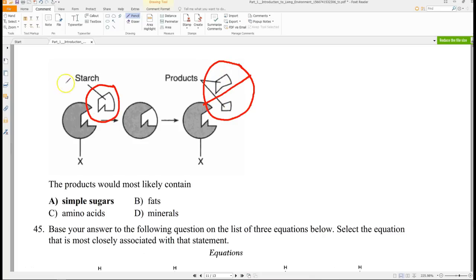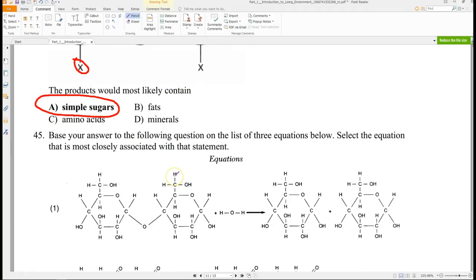You went from a complex molecule to a simple molecule. The products would most likely be a simple sugar. And X, if you were asked what was X, it's an enzyme. Here's the activation site. Enzymes help with chemical reactions. Moving on.